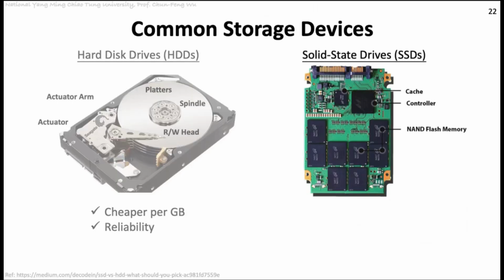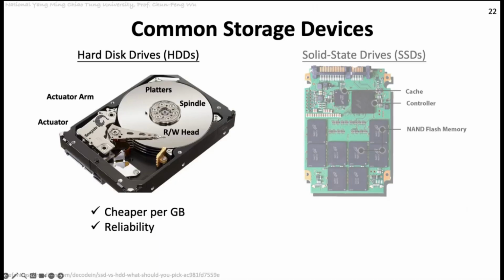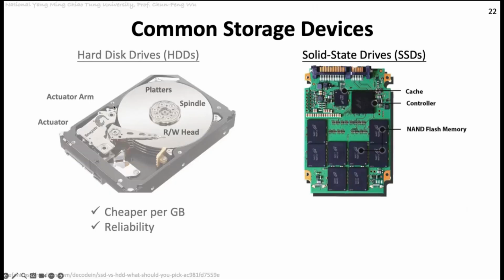On the other hand, the reason it is called SSD, the solid state drive, is that if you look at the left-hand side again, the spindle rotates and there is a moving head. The head will move from here to here to read out the data from the platters. So there are all moving components inside the hard disk drive. But on the right-hand side, the SSD, there are no moving components, because there is only the controller, cache, and then the NAND flash memory chips.